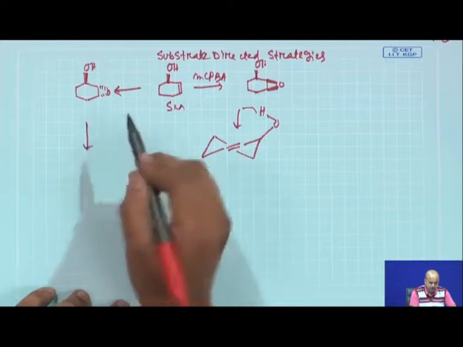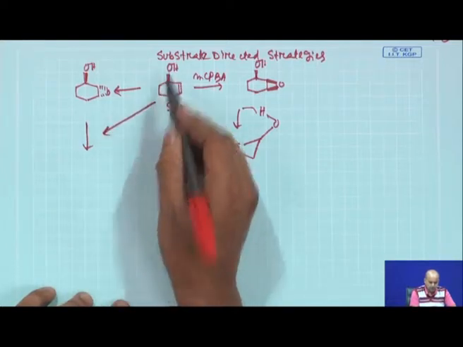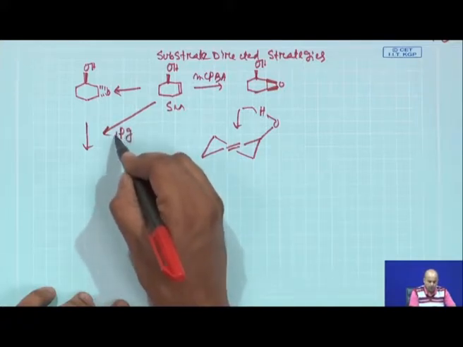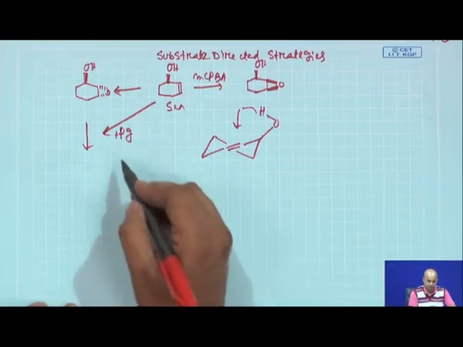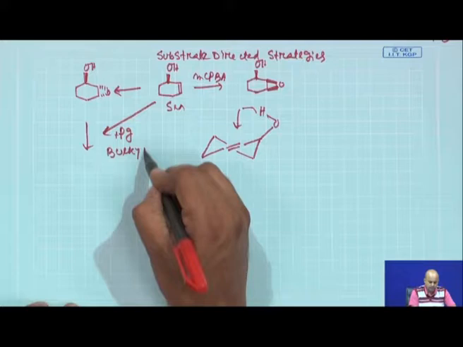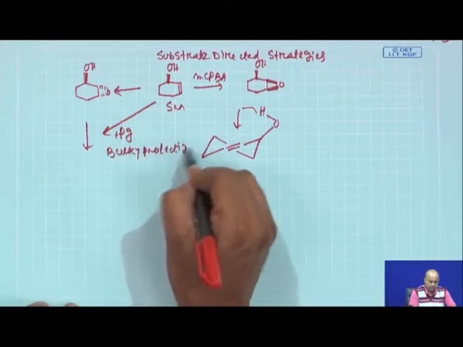In this case, the main way is first you make sure the alcohol has been protected with a suitable protecting group. The more bulky the protecting group, the better. So, what you do?